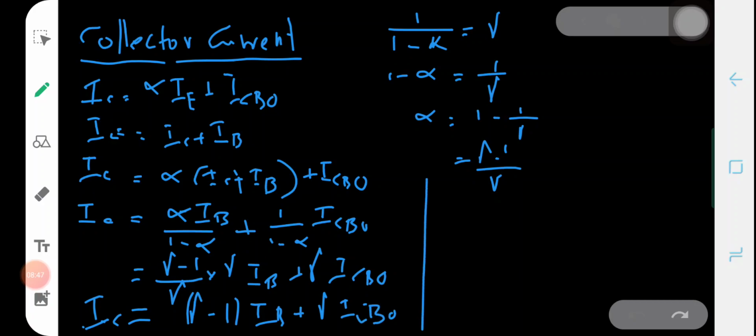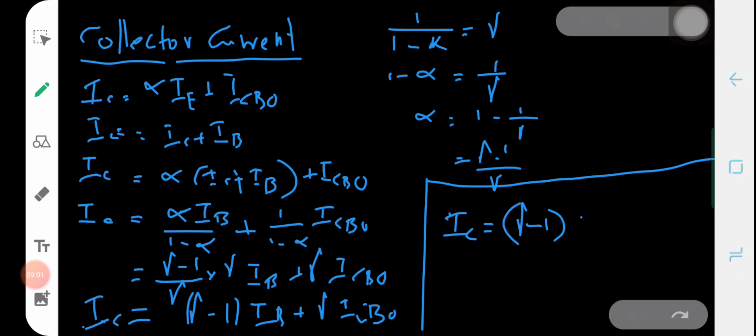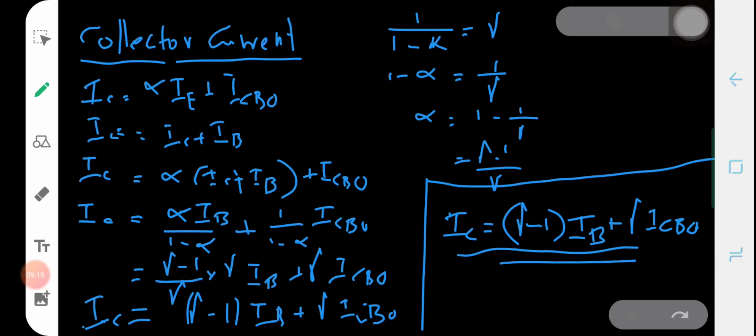So we can rewrite that equation here, that is the collector current IC is equal to, in terms of gamma, gamma minus 1 into IB plus gamma times ICBO. So this is the expression for IC in terms of gamma and IB.